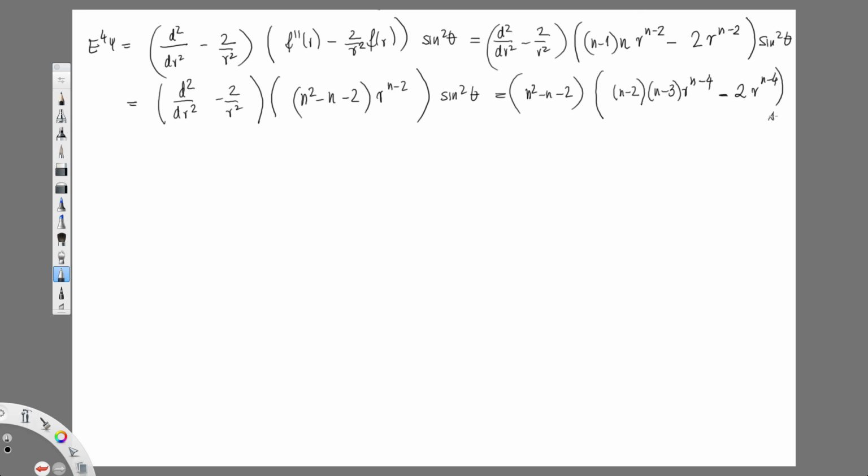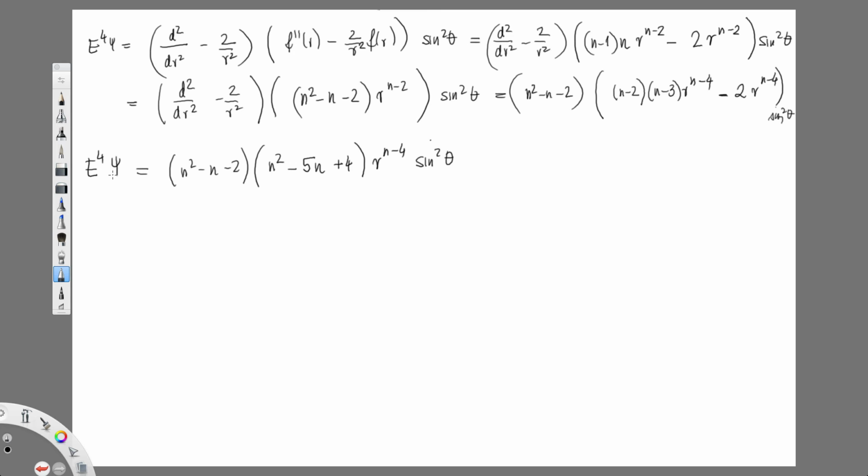I'm going to squeeze in that sine squared theta. I don't need it anyway, but I'm dragging it along. So what do we have? We have n squared minus n minus 2 times n squared minus 5n plus 6 minus 2, plus 4, r to the n minus 4 sine squared theta. So that is my e to the 4 applied to c.